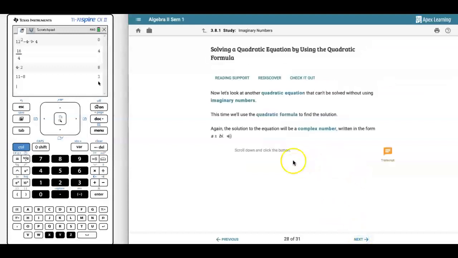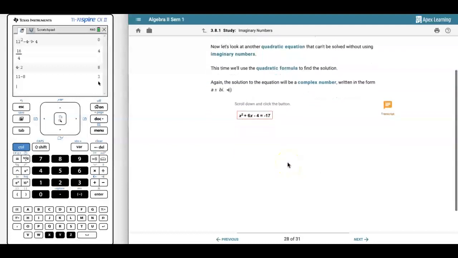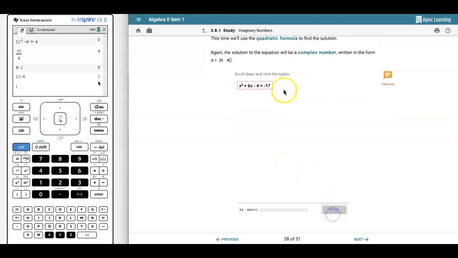All right, moving forward here, we're going to look at another quadratic equation, but this one can't be solved without using imaginary numbers, right? And you have to use the quadratic formula to find this solution. You cannot complete the square for this one. All right, so if we start off with our equation here, we're going to add 17 to both sides, because in order to use our quadratic formula, you have to be in the standard form.